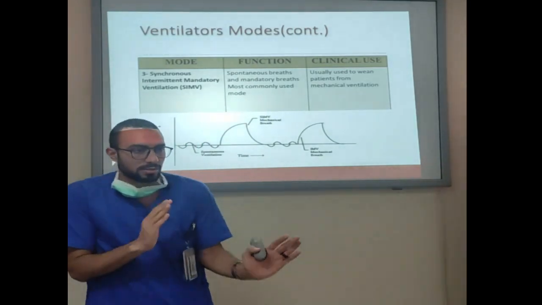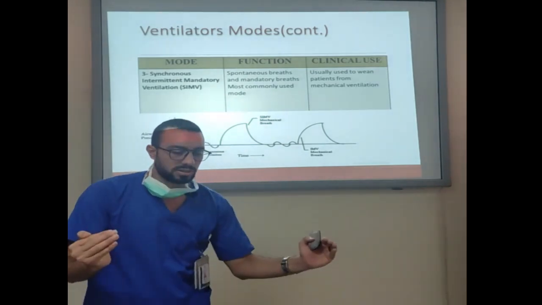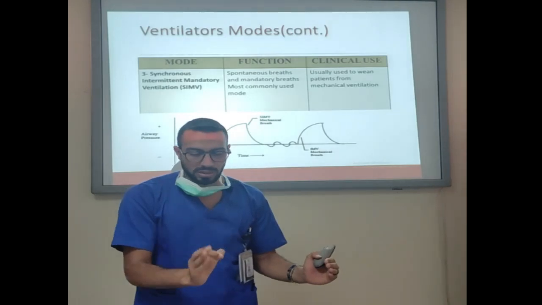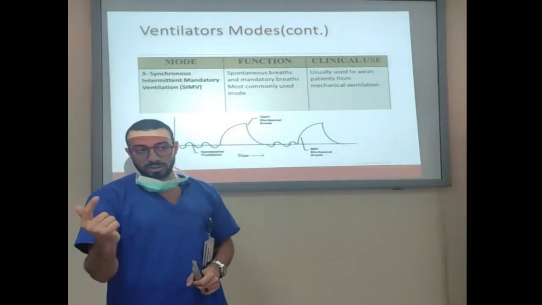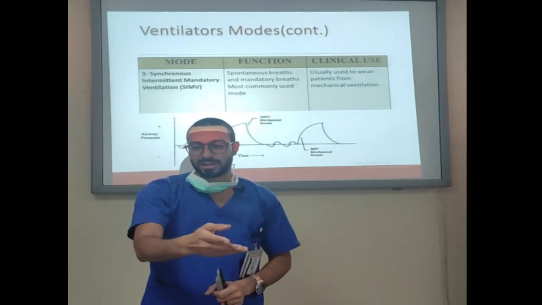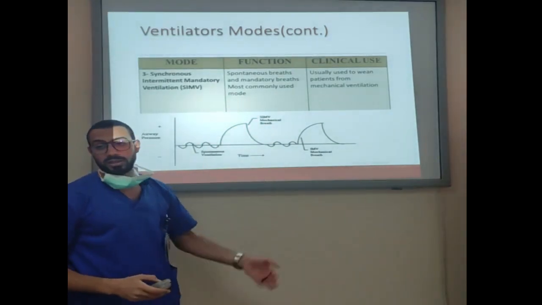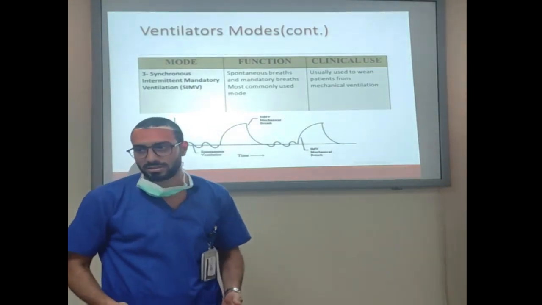It will leave the patient to try between one breathing cycle and another. It will give the patient the chance to try. But at a specific time, it will give a complete breath. It's also mandatory. So it's synchronized intermittent, but it's mandatory at the end. It will not let the patient try all the time. It has a target, and it will reach it. If the patient has no trial, it's okay. It will give him the breath, because it's mandatory at the end.